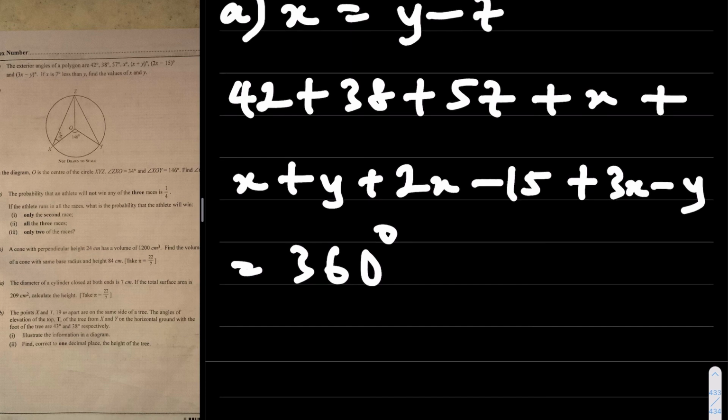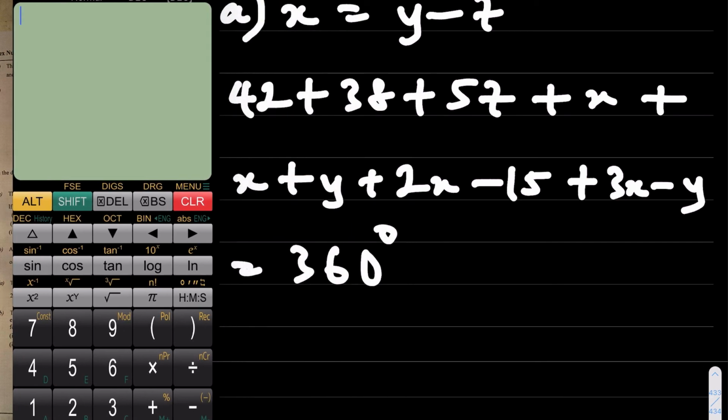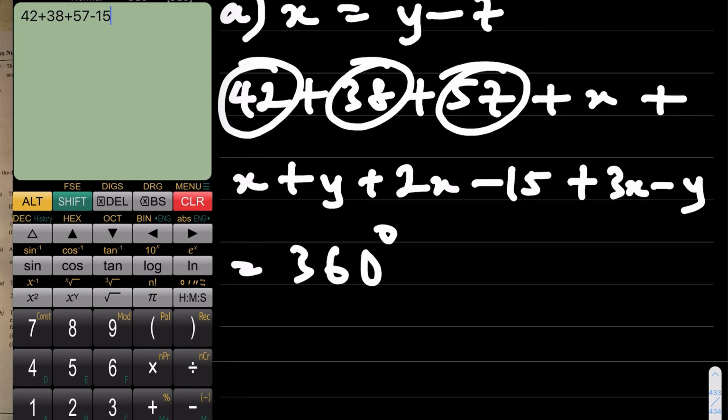Now what does that mean? Let's add the numbers: 42 plus 38 plus 57 minus 15. That's equal to 122. So I'm just going to write that here.